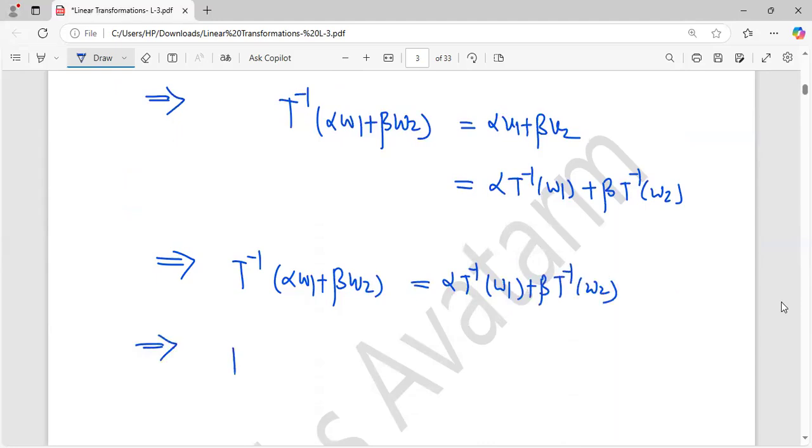So this implies T inverse is a linear transformation.